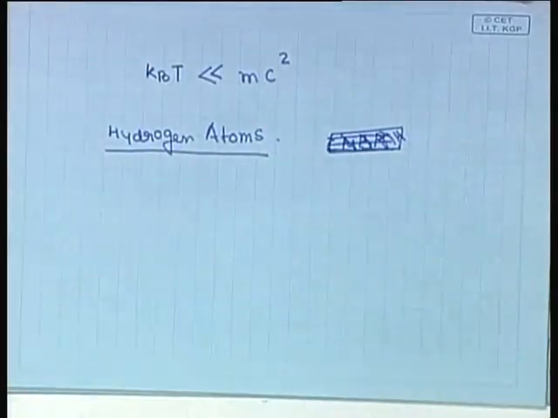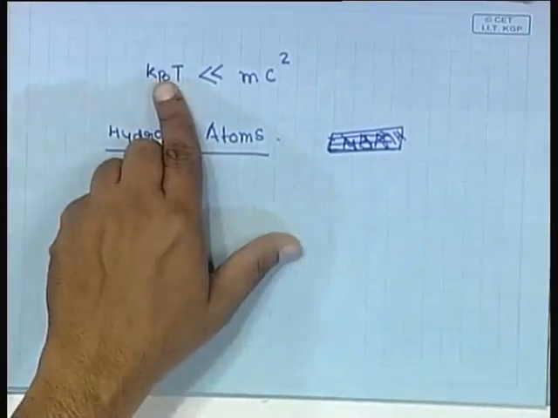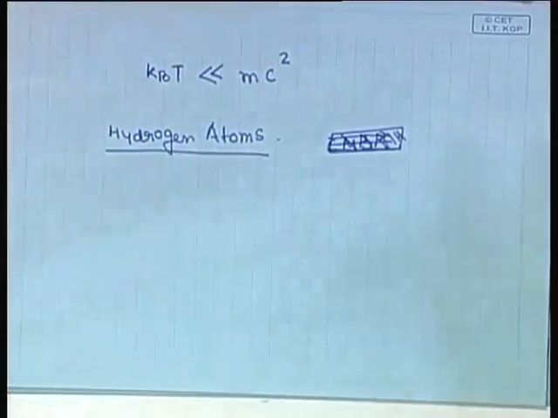And the temperature is much smaller, in the situation we are considering. So, hydrogen atoms fill some part of the universe. Now, the temperature is much smaller than mass times c squared. This is something I will take up in the next class. Let me stop here for today and resume in the next class.